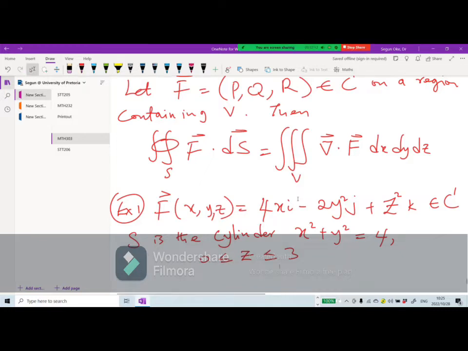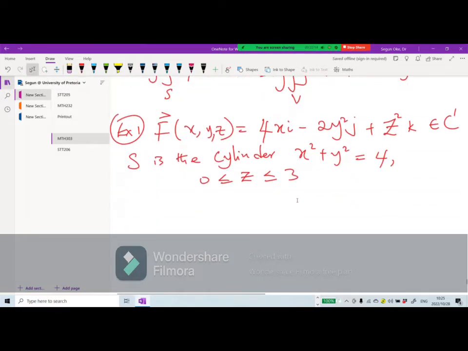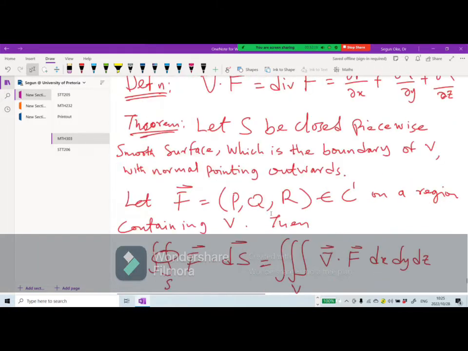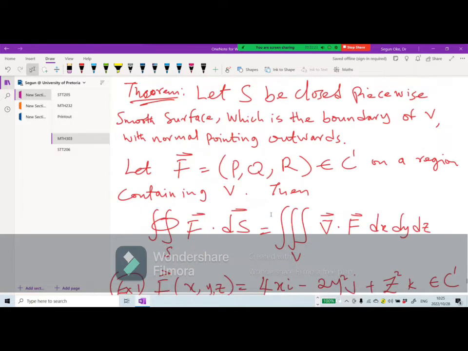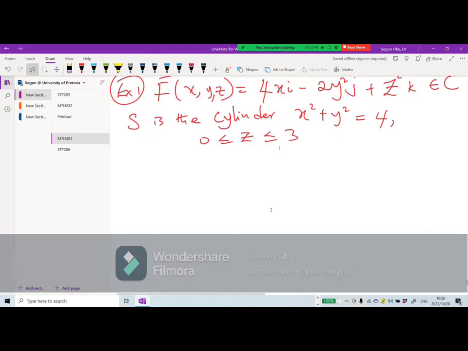For us to solve this one, we need to remember the theorem. The theorem says: let S be a closed piecewise smooth surface which is the boundary of V with normal pointing outward. So you first of all draw our cylinder. Let's sketch the cylinder out.